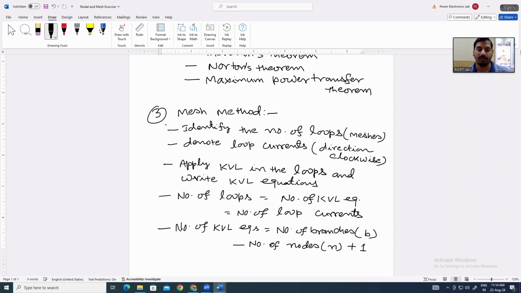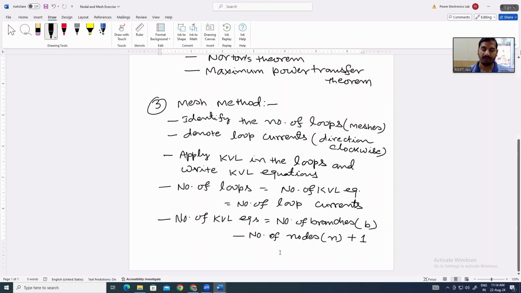So this is the standard formula, and it defines the number of individual loops. That will be the number of KVL equations.